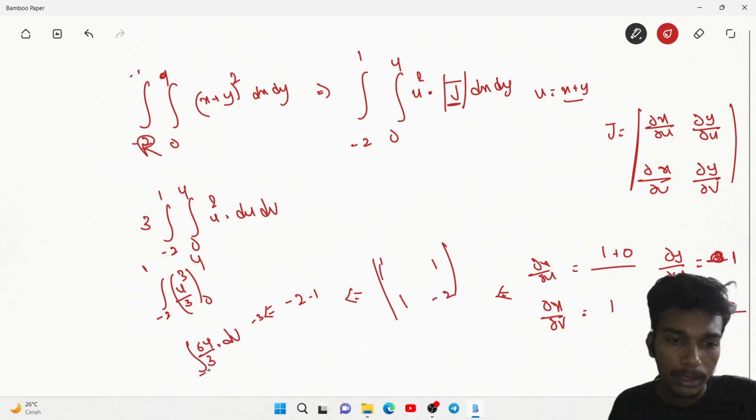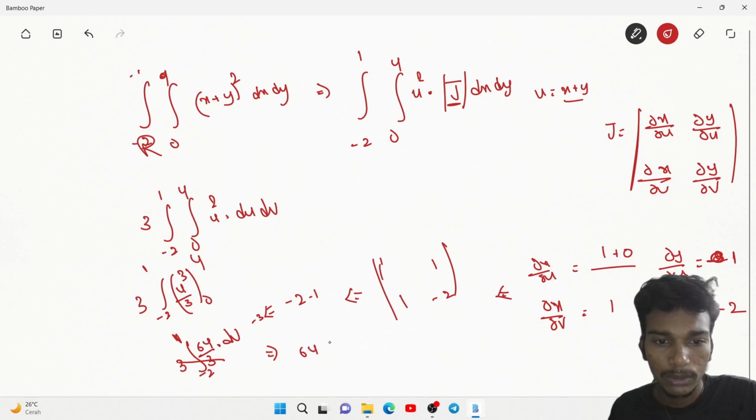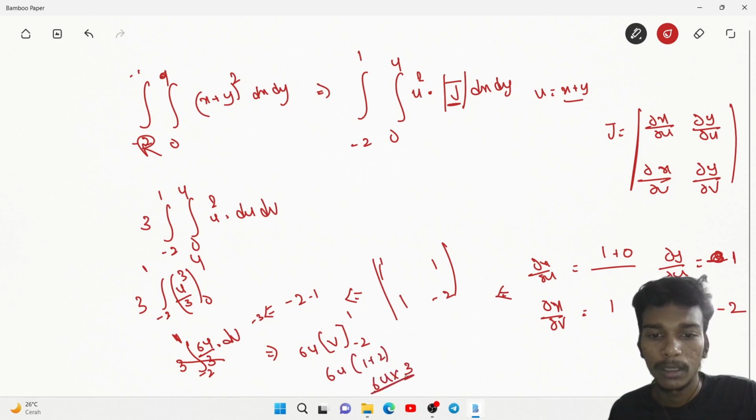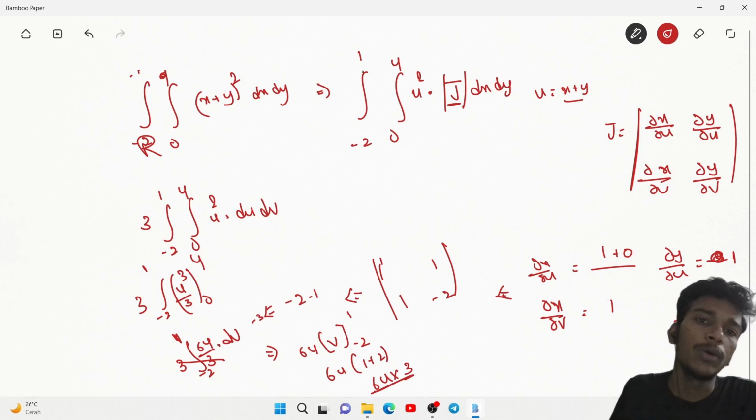Integral of minus 2 to 1, I have 3 over here, it's going to get cancelled. 64 into v between the limits 1 to minus 2, 64 into 1 plus 2, 64 into 3. This is the value of the given integral.